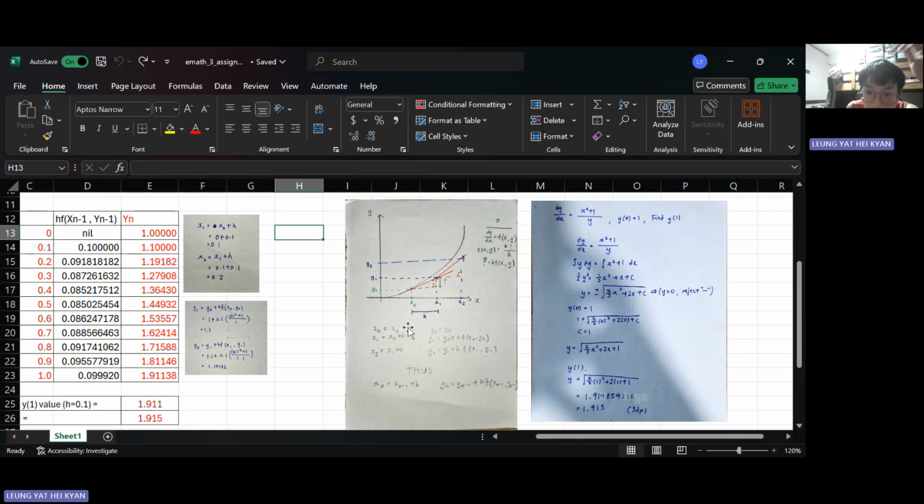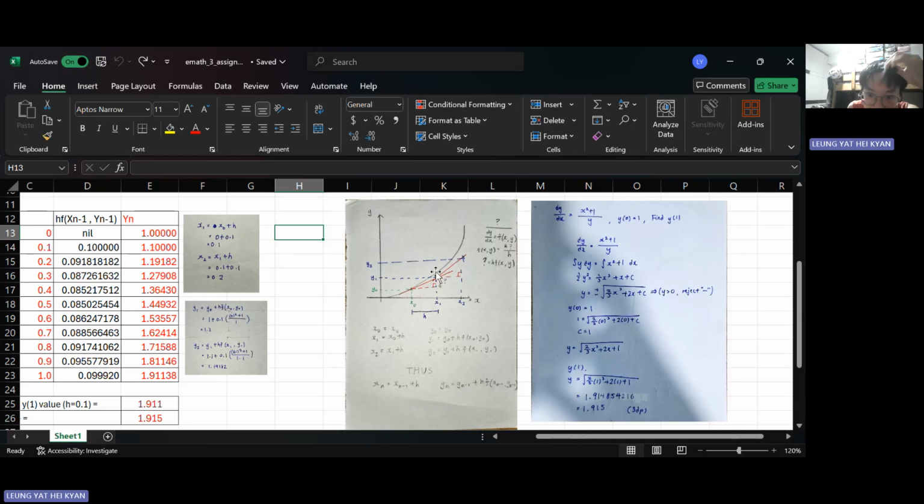And let's say I need to find what is y2 and x2. We need to move our x values in equal intervals, so the distance between x2 and x1 is also h, and x2 is basically just x1 plus h. And for our y2 value, we will need to draw another tangent at our y1.